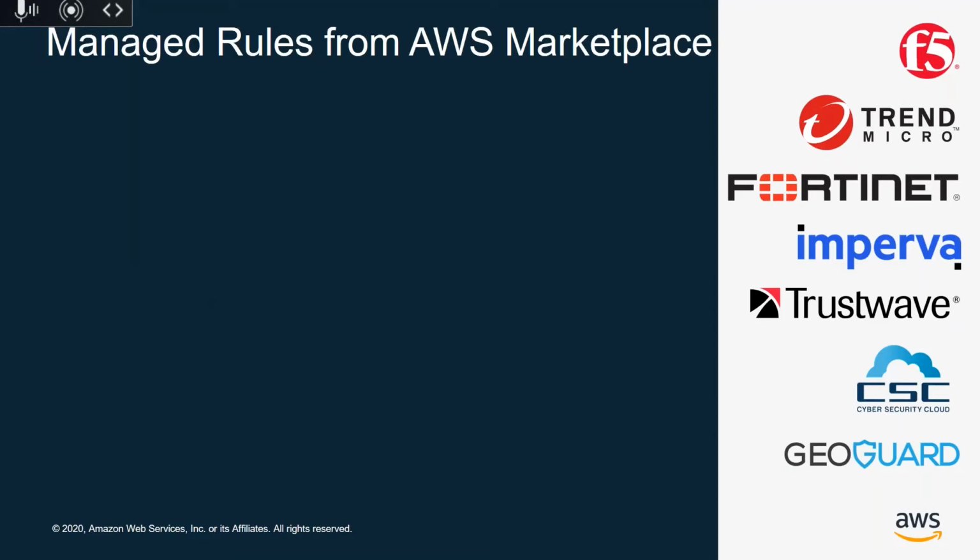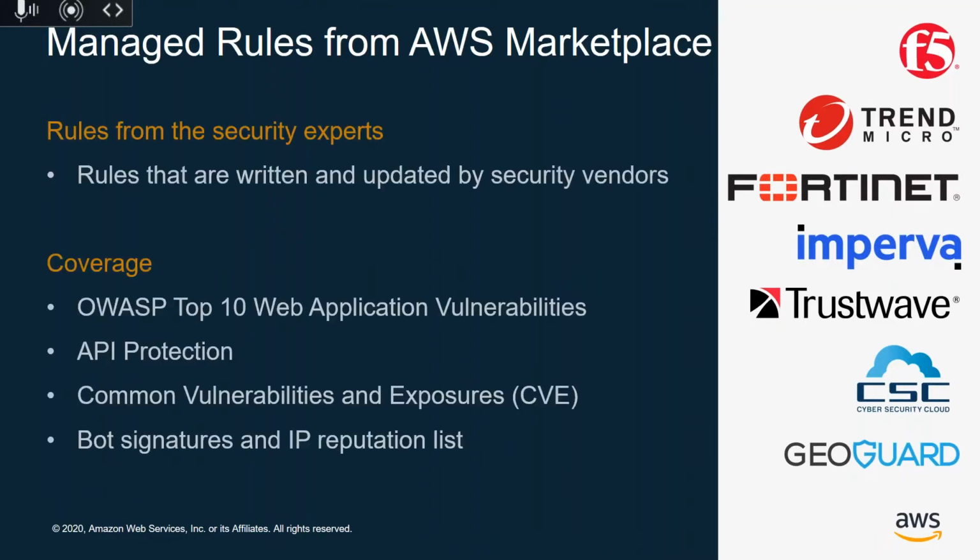Take a look at different managed rules that are available from the AWS Marketplace as a start. There are a number of different rules and feeds available from security experts and some of the partners that you see here on the right-hand side. This includes coverage of, for example, the top 10 web application vulnerabilities that we talked about earlier, the OWASP top 10.